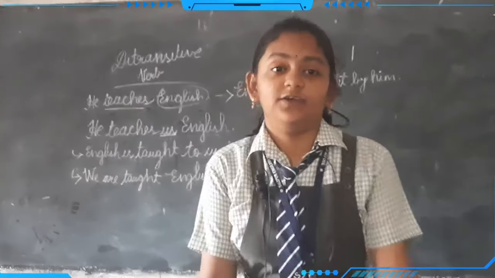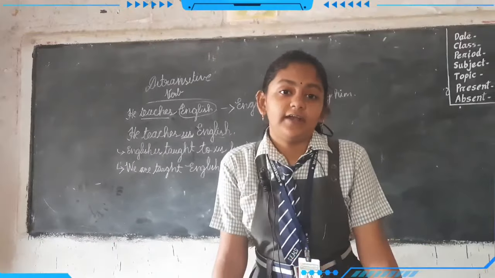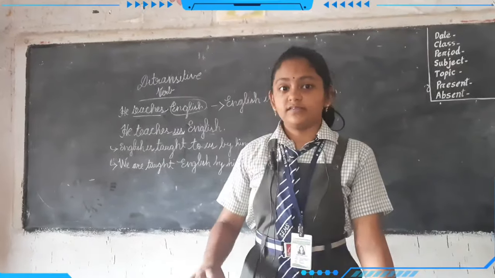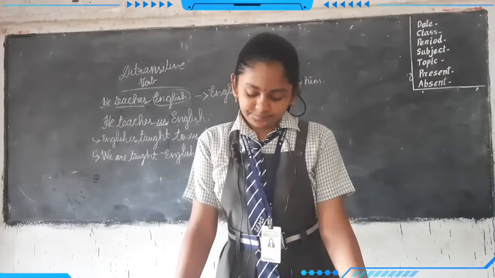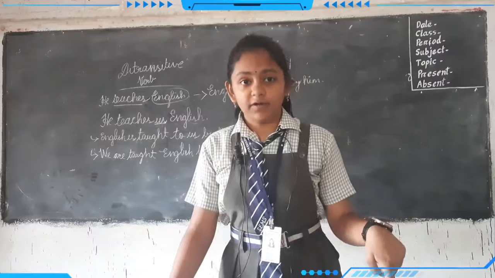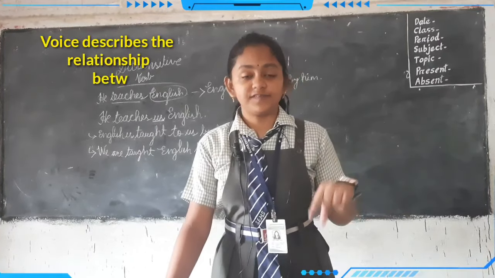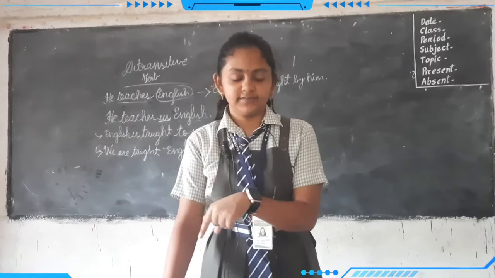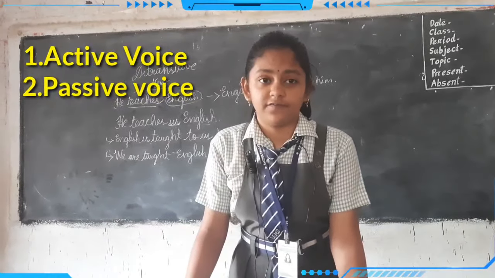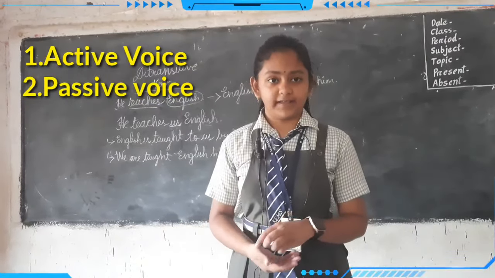So in this video we have discussed active and passive voice of the past and present tenses. Now let's summarize the whole video. First of all, we learnt about voice. Voice describes the relationship between the subject and the verb in a sentence. There are two types of voices, active voice and passive voice.